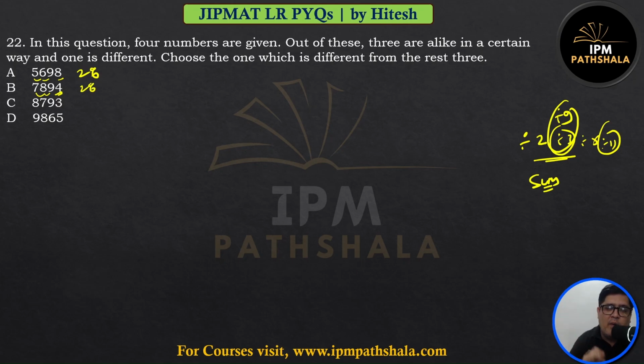I'm getting some common pattern here. 8 and 9, 15, 15 and 9, 24 and 3, 27 is the digit sum. 8 and 9, 17, 17 and 6, 23 and 5, 28. That means these numbers are not multiples of 9 and 3. This number is a multiple of 9 and 3. So the odd one out is option C.